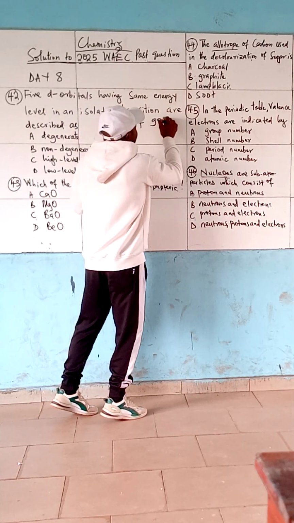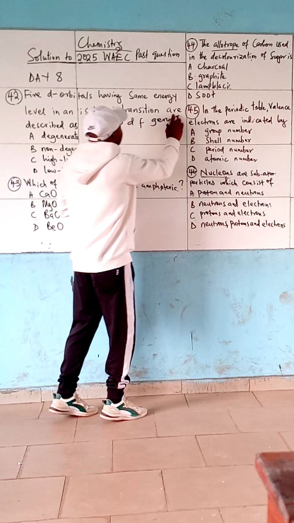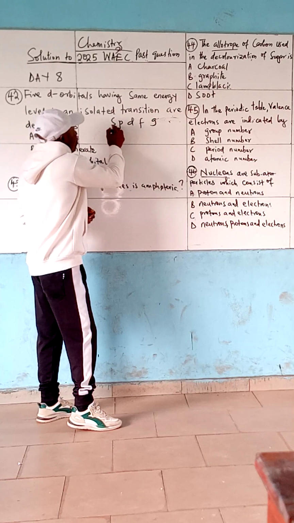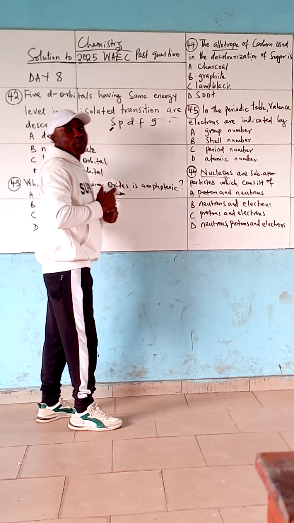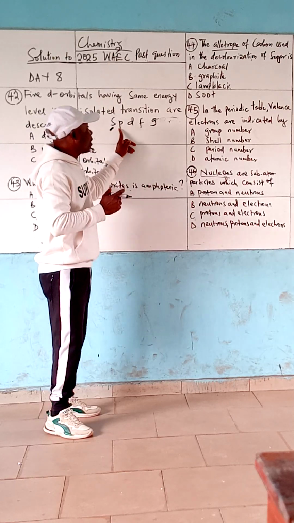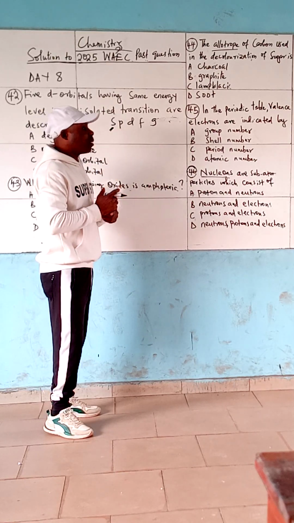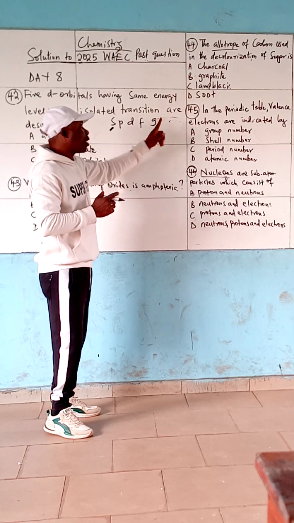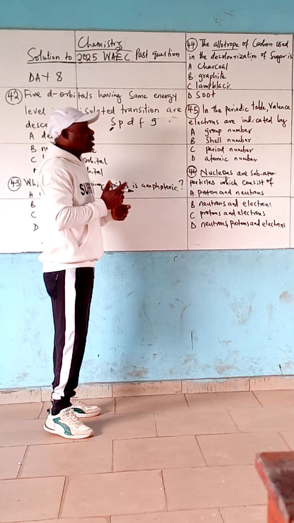G-E-R-U-D-E. Then S orbital is spherical in shape, P orbital is dumbbell in shape, D orbital is double dumbbell, then F and G orbitals are still complicated.